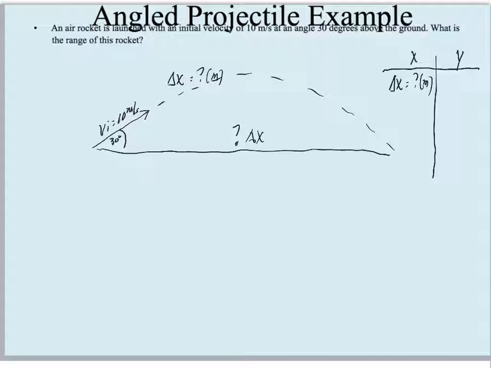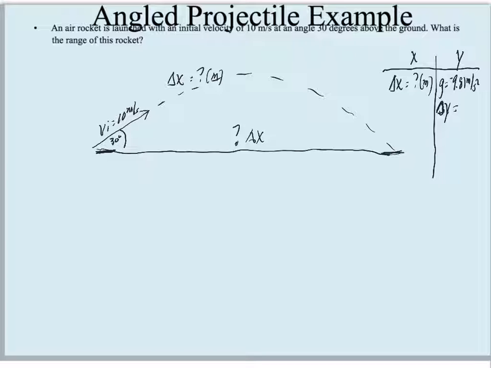What about on the y side? Do we know anything on the y side? Well, again, we always know g, 9.81 meters per second squared. Do we know the displacement of the projectile? Do we know delta y? Well, just reading the problem over, it doesn't look like we know it, but if you think about it, it says that it's launched above the ground, and it doesn't say anything about it landing above or below where it was launched.